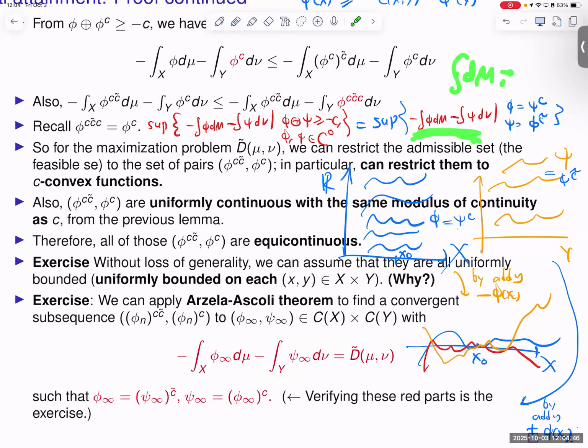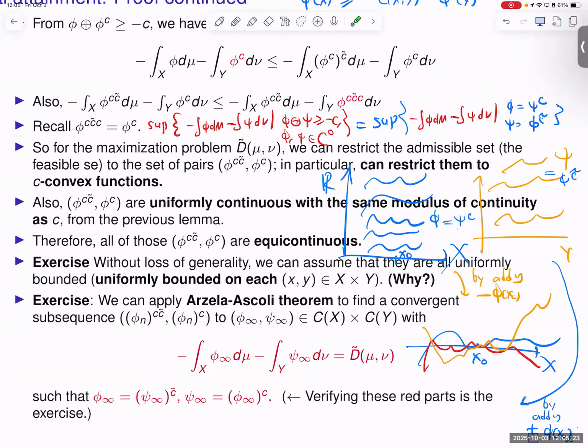So you want to subtract the same constant. But how do you subtract? This subtraction can be added here because mu and nu have the same total mass. That's the reason why this calculation works. So adding a constant to one function phi is the same as subtracting that constant from the other function psi, and the objective function still remains the same because mu and nu have the same total mass. Okay, so you do this.